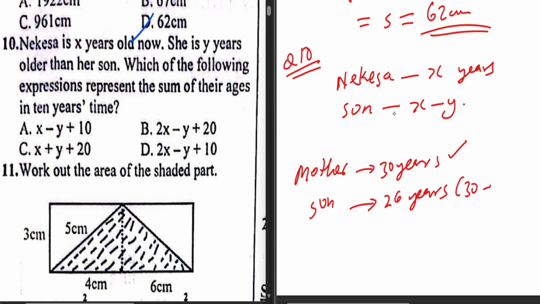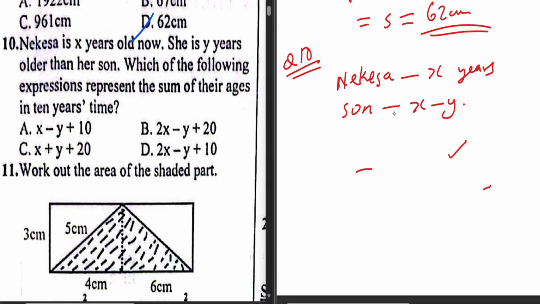You get 30 minus the difference. So the same applies here. She is Y years older than her son. So most probably the son is going to be X minus Y years. So be very careful.